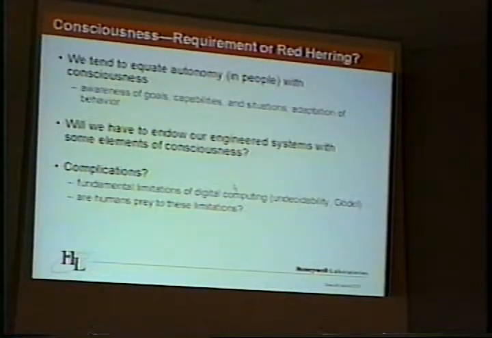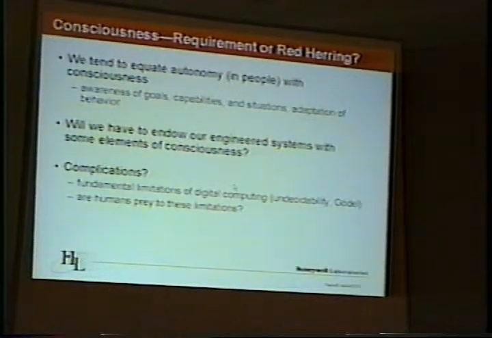And that's certainly part and parcel of the notion of consciousness that we also use to describe ourselves. So it's actually a small step from there to ask the question, will we have to endow our engineered systems with some elements of what we really call consciousness?